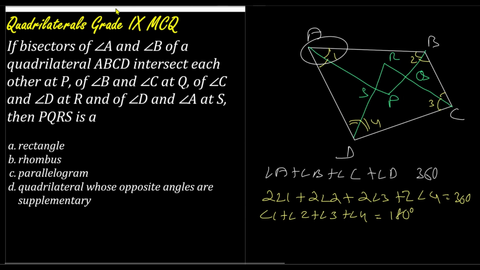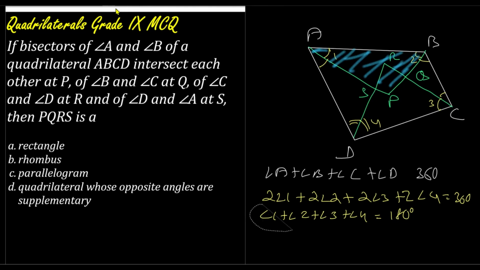Now check for this triangle. I'm talking about, say, this triangle here. You know that the sum of three angles of this triangle will be 180 degrees. So if I ask you what is angle 1 plus angle 2, it has to be 180 minus angle P. And same way, what about angle 3 and angle 4?